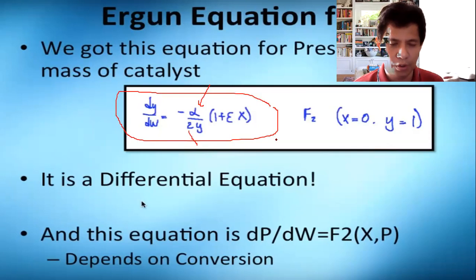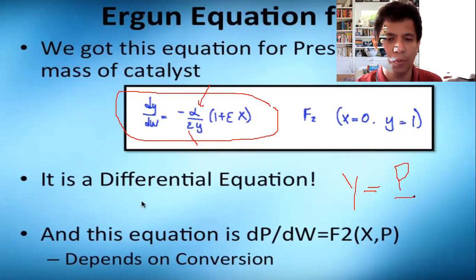So, if you still remember, y is equal to P over P sub 0. P is the actual pressure and P sub 0 is the initial pressure. This is the initial pressure of the feed, no?